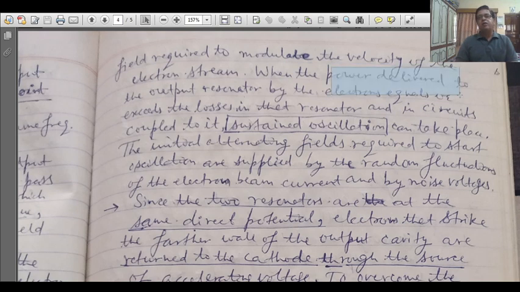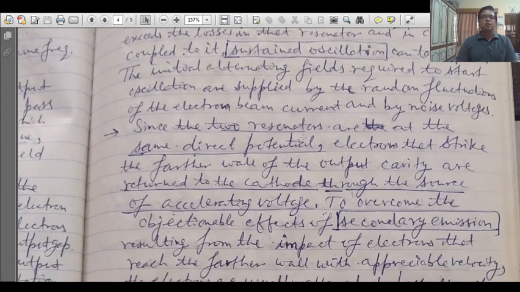When the power delivered to the output resonator by the electrons equals or exceeds the losses in that resonator and in the circuits coupled to it, sustained oscillations can take place.